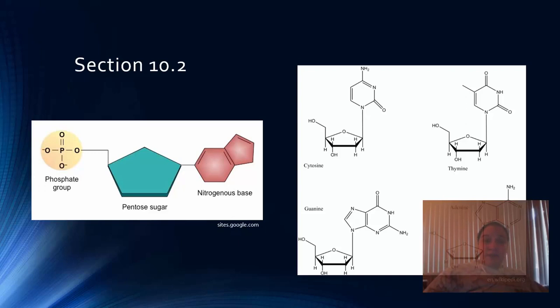And what separates the different types of nucleotides is exactly which base is attached to that sugar. DNA and RNA each have 4 nucleotides. There is one nucleotide that appears in DNA and not in RNA because RNA replaces it with something else.